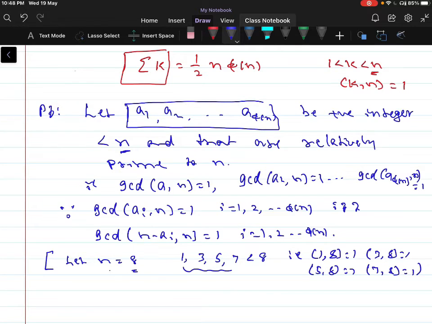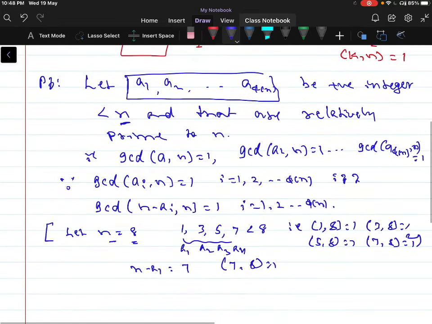If we take n equal to 8 and ai as a1, a2, a3 and a4, suppose we take n minus a1, 8 minus 1, so 7. So 7 is relatively prime with 8, that is, the GCD is equal to 1, which I have written here. If we take n minus a2, where a2 is equal to 3, so 8 minus 3 is 5, so GCD of 5 comma 8 is equal to 1.